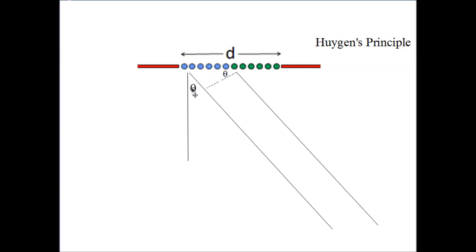Both of these two are complementary to this angle here, and so they are congruent to one another. And what we want is that this bit of extra path that this one went, that extra distance that this source went compared to this source, needs to be a half a wavelength.